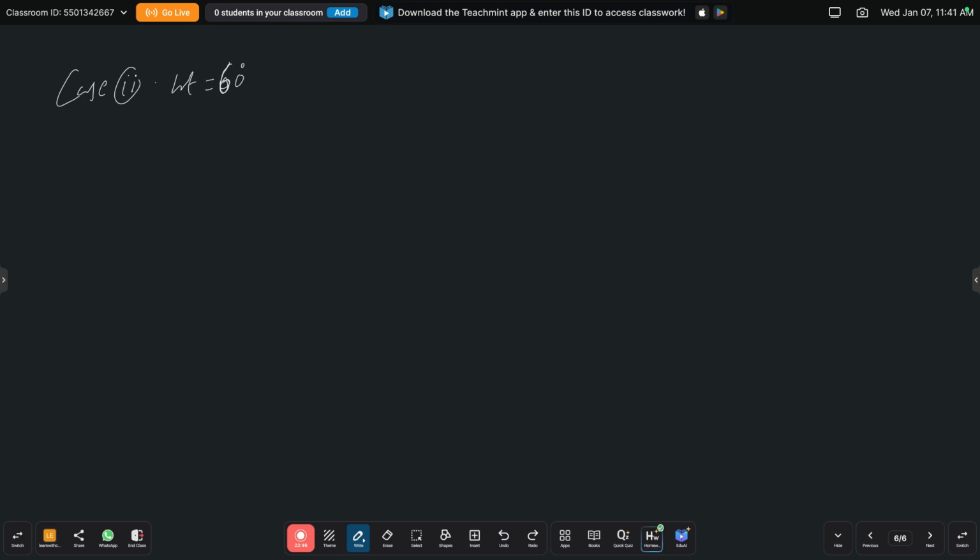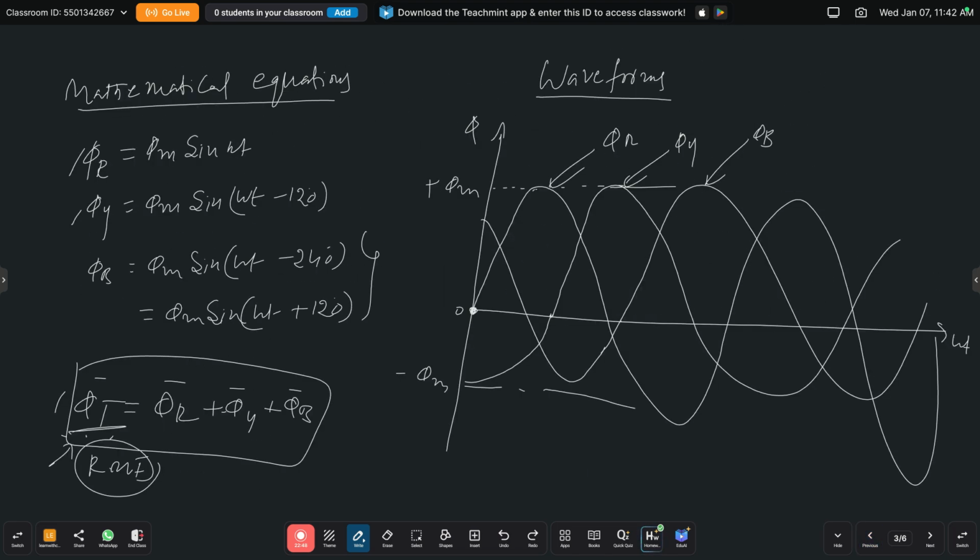Substitute omega t equal to 60 degrees in the first equation, second equation, and third equation, as you have already seen in the equations.